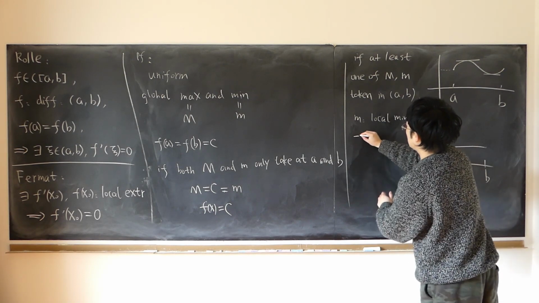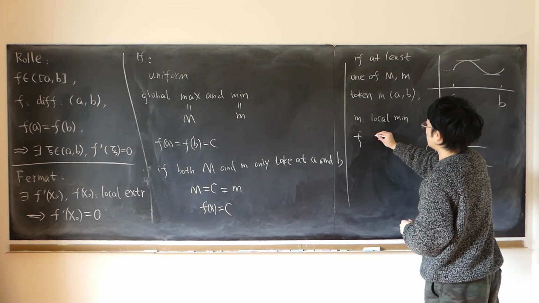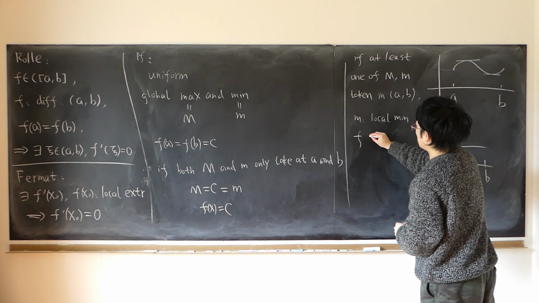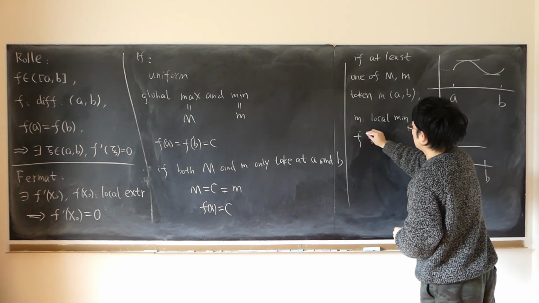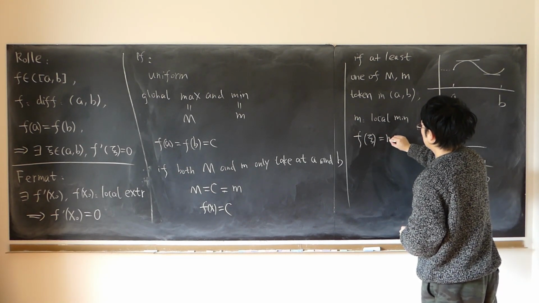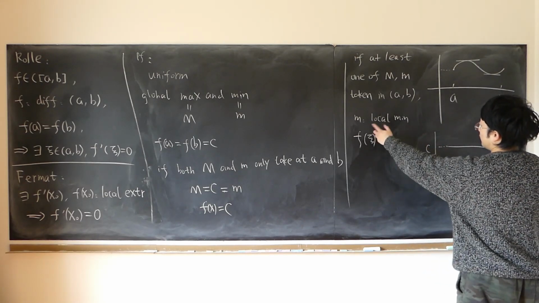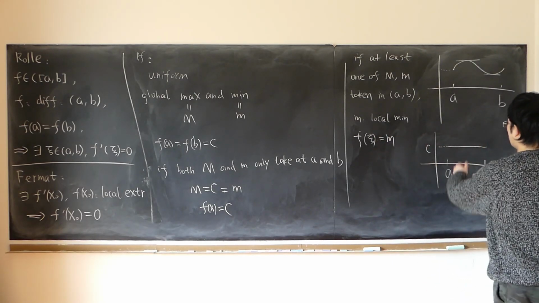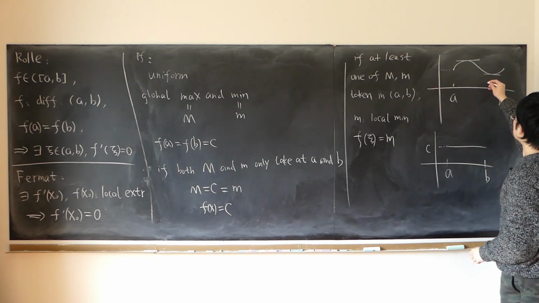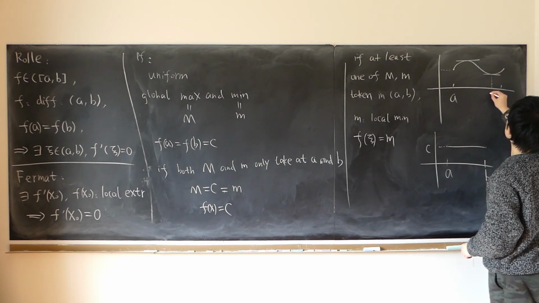So in this case, M is taken at f(c), where c is somewhere in the open interval. For example, this is c.